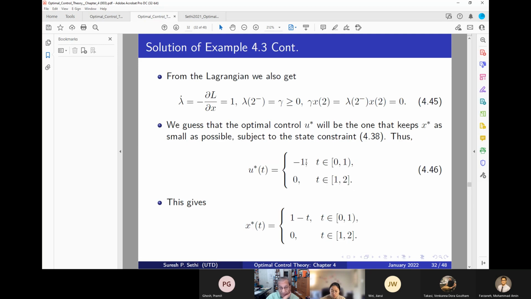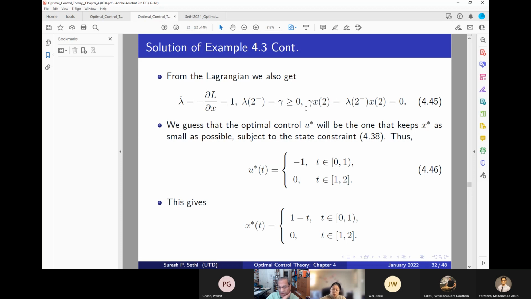But for lambda, we need to find out what this value gamma is, right? And gamma can have two values. One can be 0, and one can be x2 is 0.